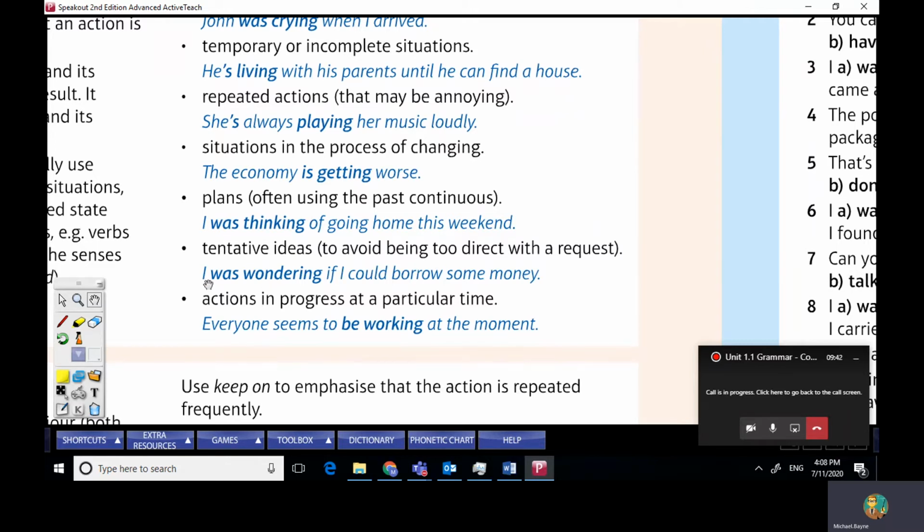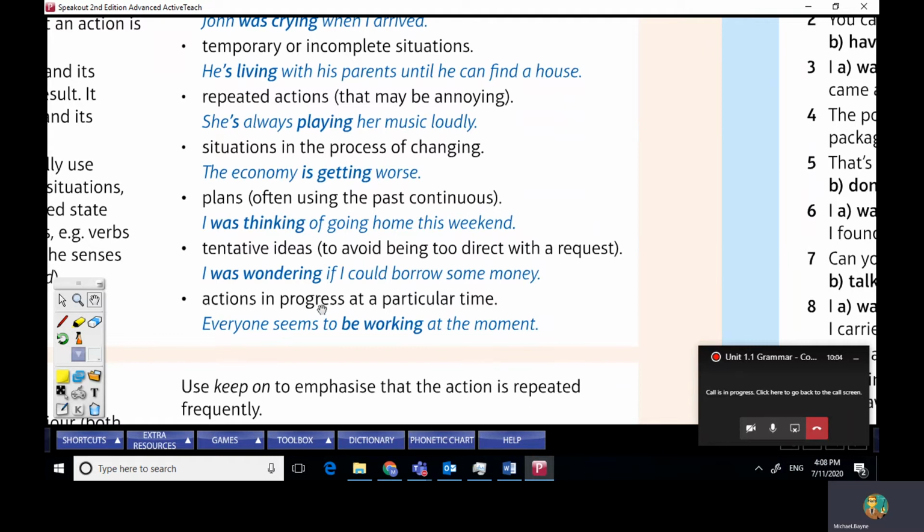So if I ask you something, I was wondering if, we use the past continuous there when I'm going to ask you for a favor that I don't want to be too direct. I was wondering if I could borrow some money. Or you might ask me, Mr. Michael, I was wondering if you could postpone the exam until next week. So we're trying to be a little bit more polite with that.